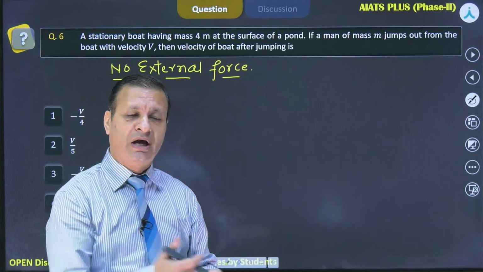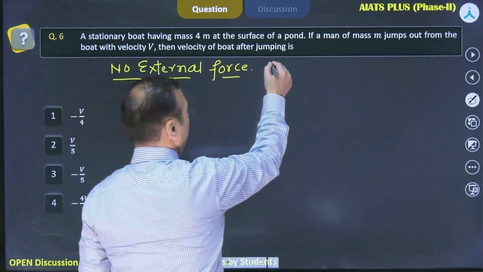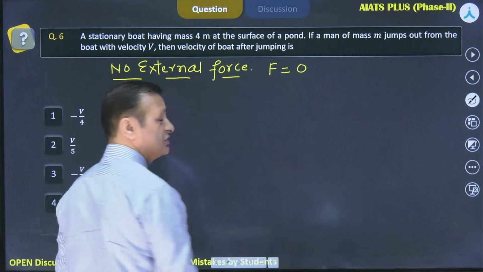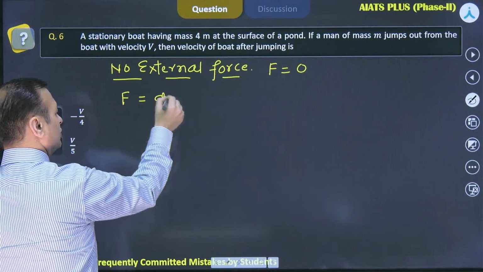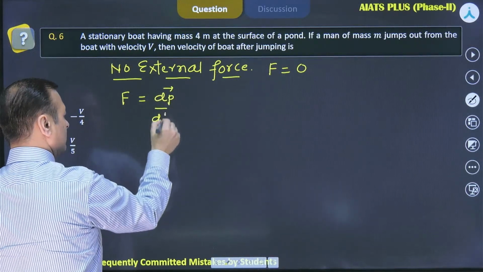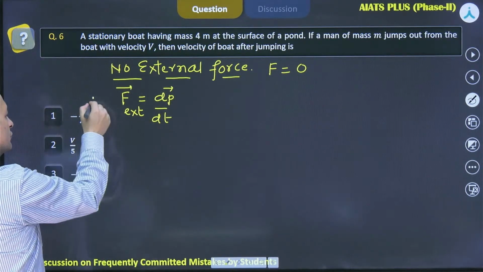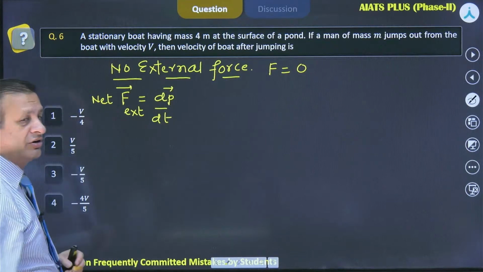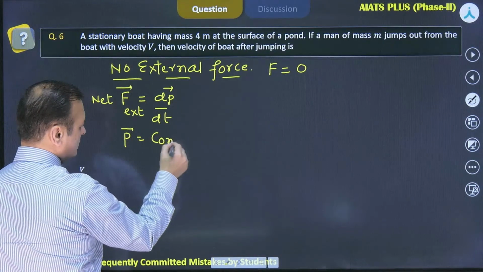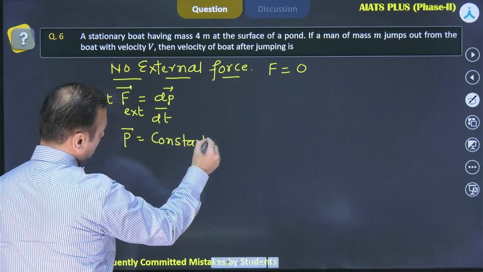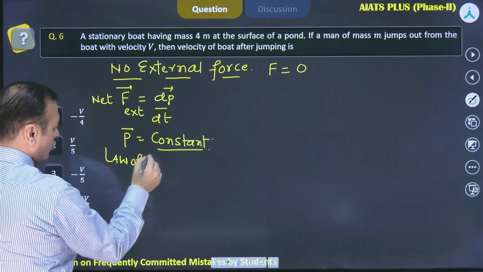Man has now jumped out of this. So when the net external force is 0, it means the momentum of the system remains constant.